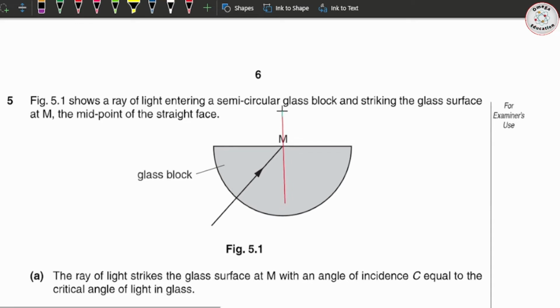On figure 5.1, mark and label the angle C. So this is figure 5.1.